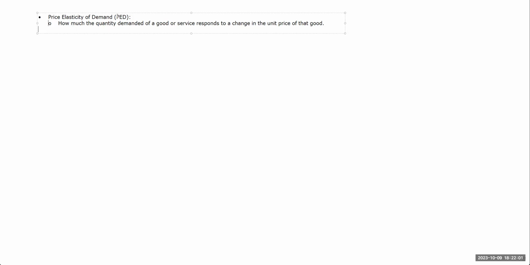Price elasticity of demand, I'm using PED. How much the quantity demanded of a good or service responds to a change in the unit price of that good. So what does this look like? PED is equal to the elasticity of quantity demanded to change in price.